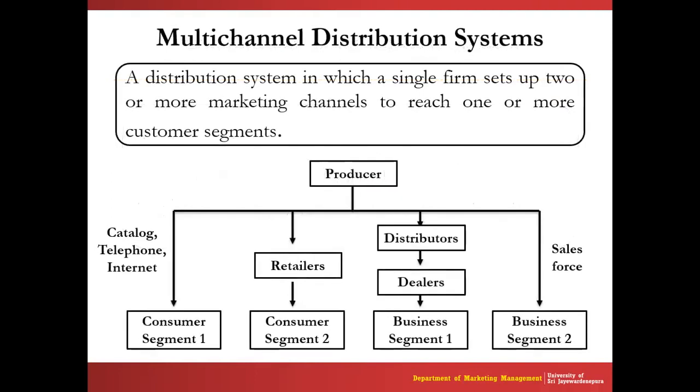Then multi-channel distribution systems. Now here is the most practical way a distribution channel works. Here, a single firm sets up two or more marketing channels to reach one or more customer segments. If you take Unilever as an example, guys, they have so many products and so many customer groups. So they will select each customer group and set a different distribution channel for each segment.